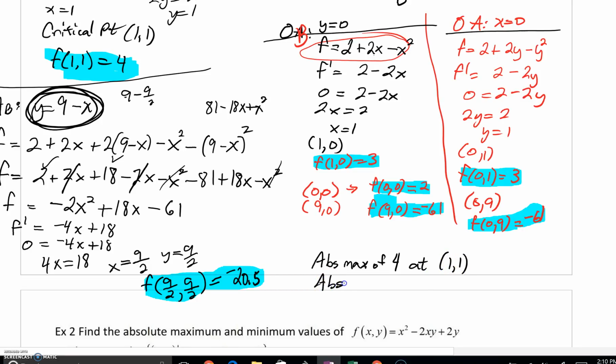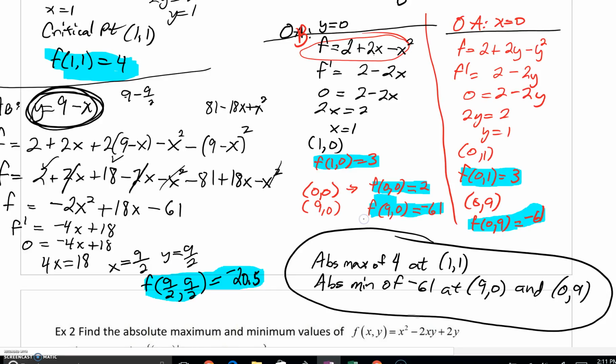The absolute minimum, well, that's negative 61. And it actually occurs at 2 ordered pairs, at 9, 0 and at 0, 9. So that's actually our answer.